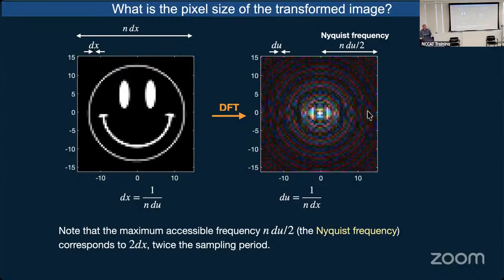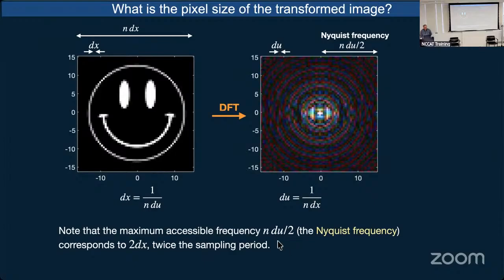Well, let's suppose that this is an n by n image. The highest spatial frequency, which is basically this distance, is n, the number of pixels in one dimension, times the pixel size in Fourier space.